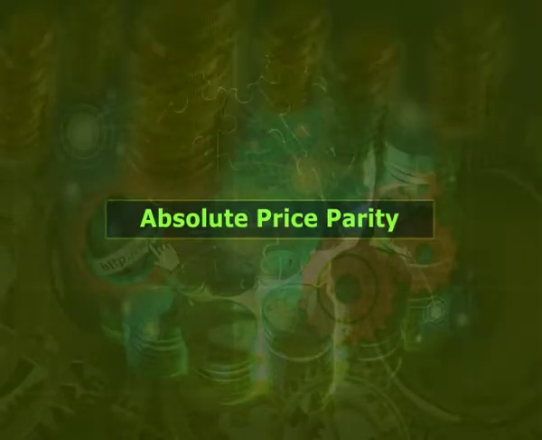Cassel's justification of absolute price parity has not been superseded to the present day. Both the critics and supporters expound the theory in terms virtually indistinguishable from those of Cassel.